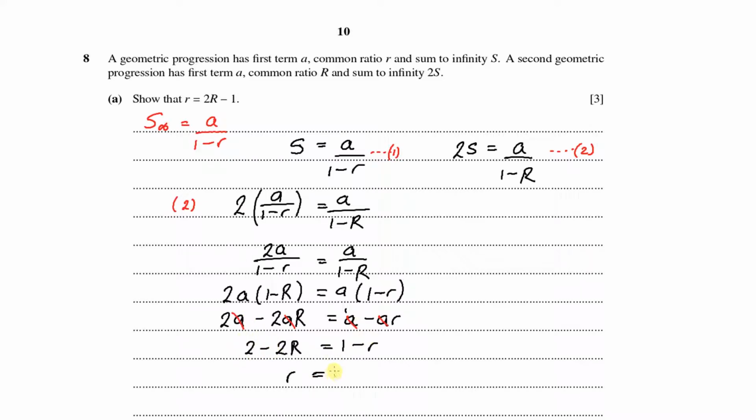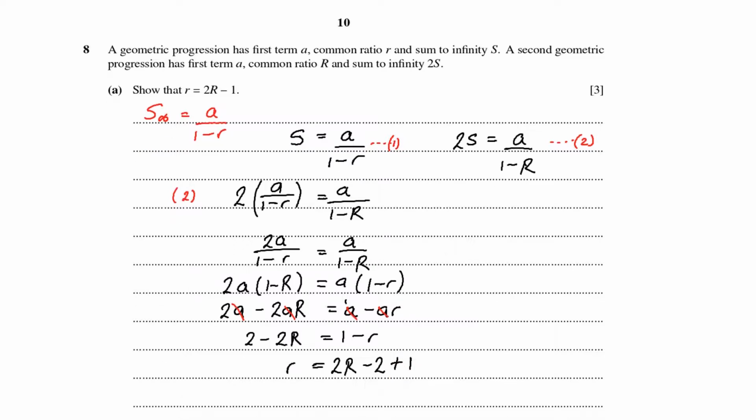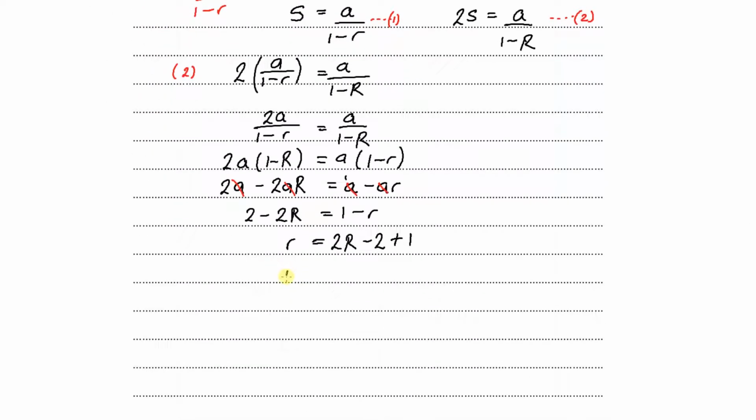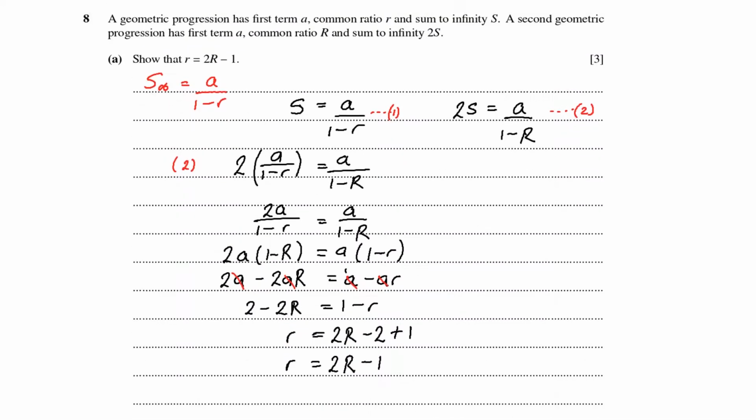So minus 2R becomes positive 2R, 2 becomes minus 2, but we have the 1 here already, so that's plus 1. So we can now just simplify this to r is equal to 2R, and minus 2 plus 1 is minus 1, so r comes out as 2R minus 1. And that's what they want us to show.